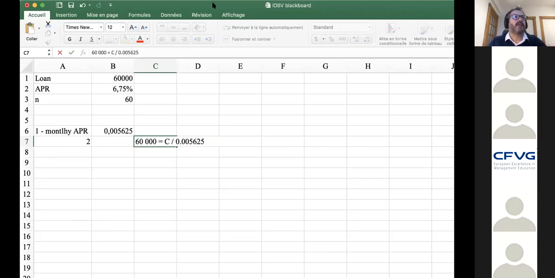Okay, 2 is C. And 3 is the EAR, so it's 1.005625 to the exponent 12 minus 1. And that's 6.96.